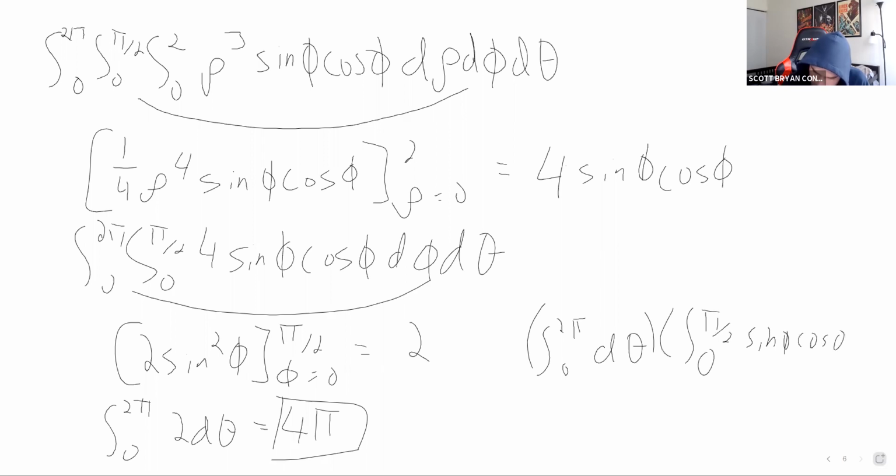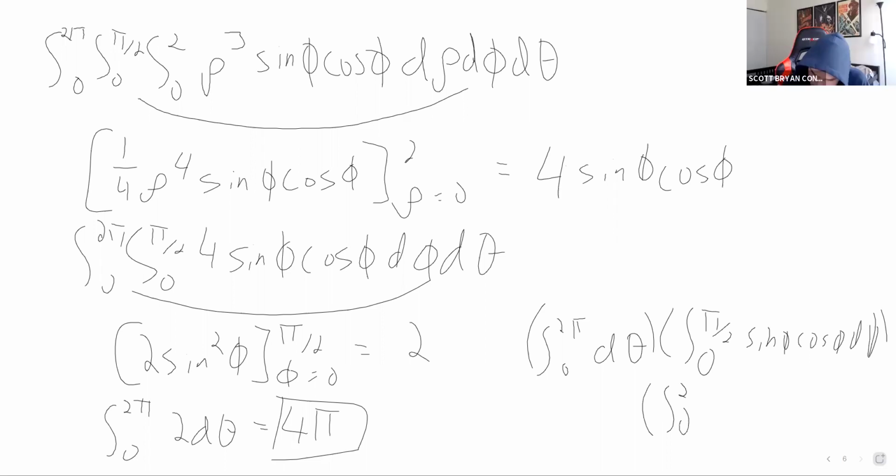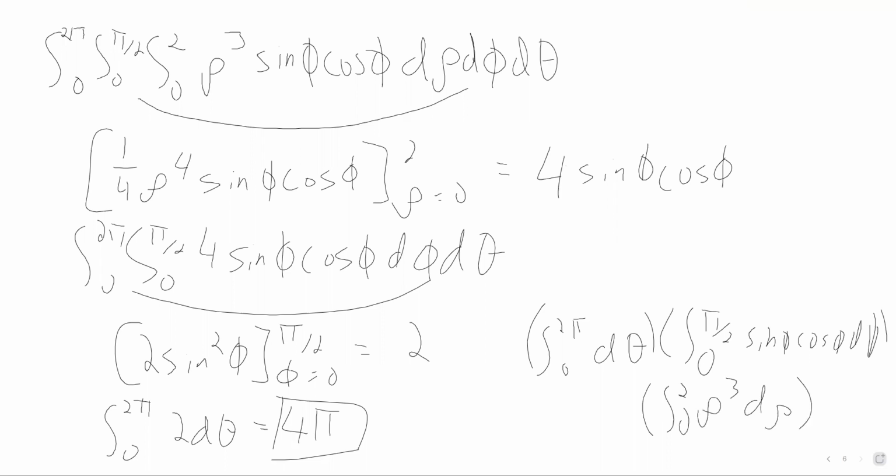Is this what you're talking about? Yeah, and then times the integral from 0 to 2 of rho cubed d rho. Yep, you could do that too. It functions exactly the same way, except you're just not carrying your constants around, basically.